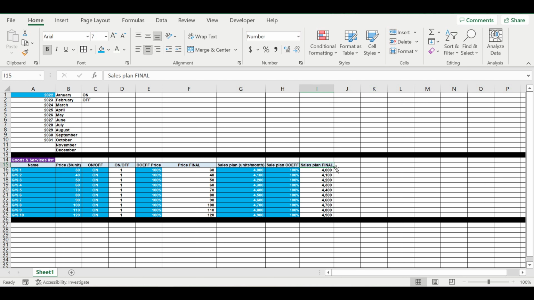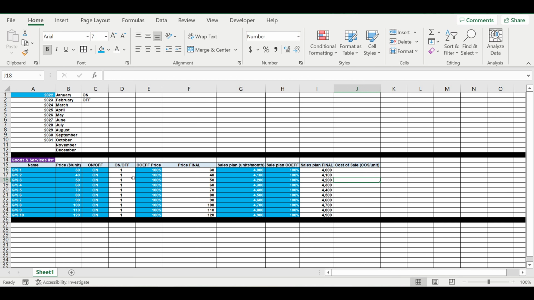Then cost of sale, cost per unit. So here is the price, here is the amount, so here is the final price, here is the final sales plan per month.